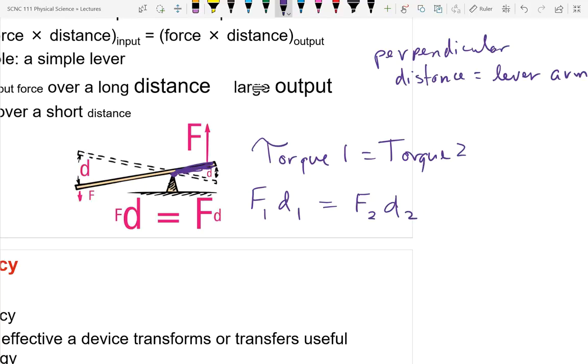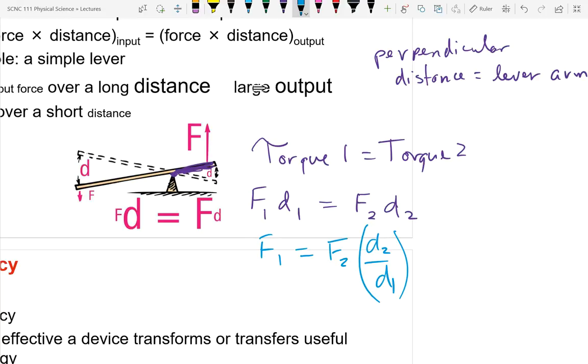So if I want to find the force I need to put in, I solve that for force 1, and the force I have to apply to lift it is equal to the force of the thing I'm trying to lift times this distance divided by this distance.